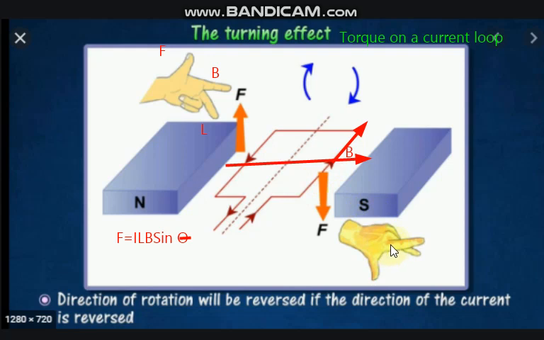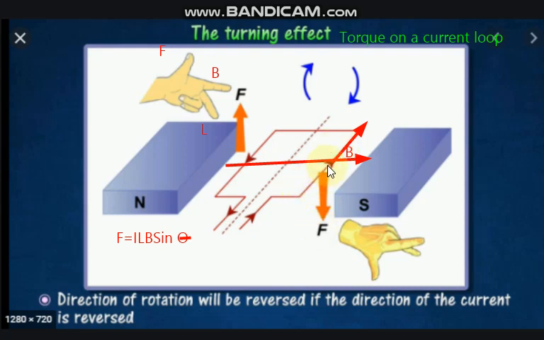You will stretch the first finger in the direction of the magnetic field B, which is this. This is the direction of the current, so this must point inwards, and then the downward stretched thumb will give you the direction of the force acting on this particular segment of the current loop.